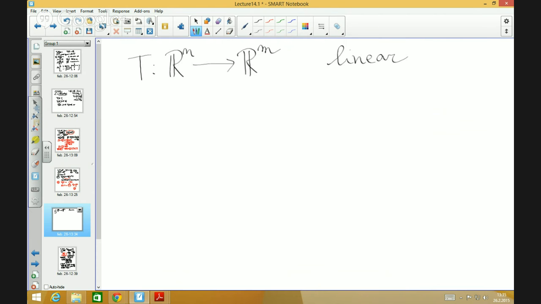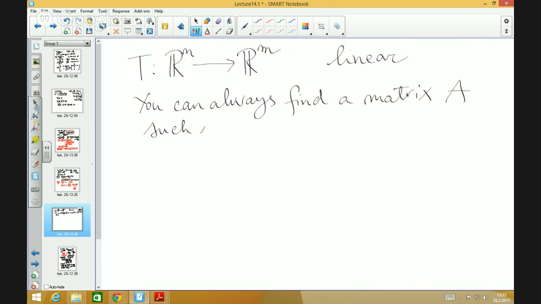What I want to show you is that you can always find a matrix A such that T of x is equal to A times x for every x in R^n.